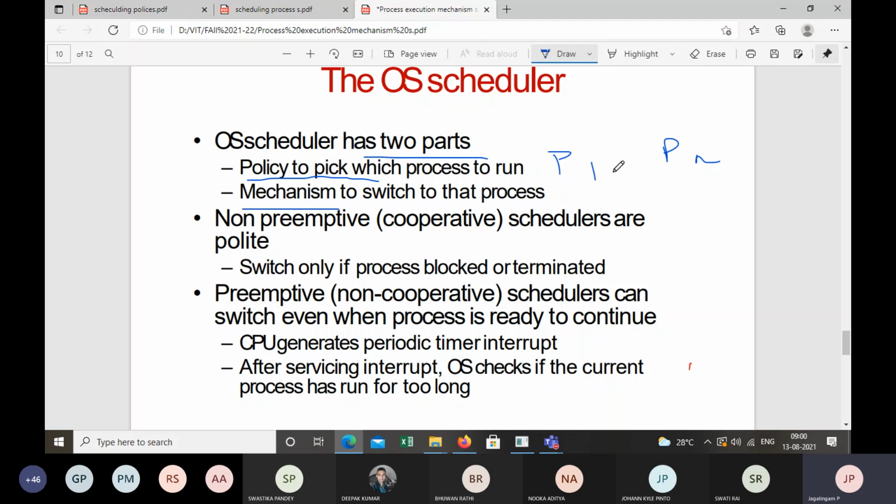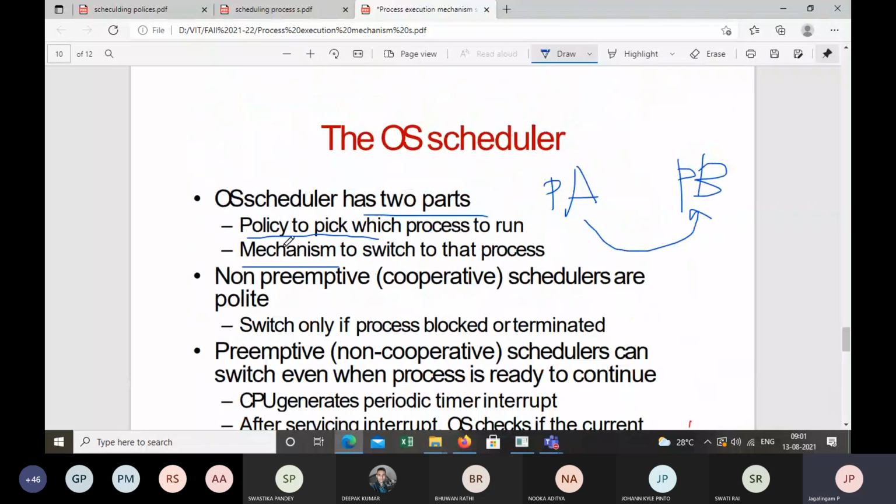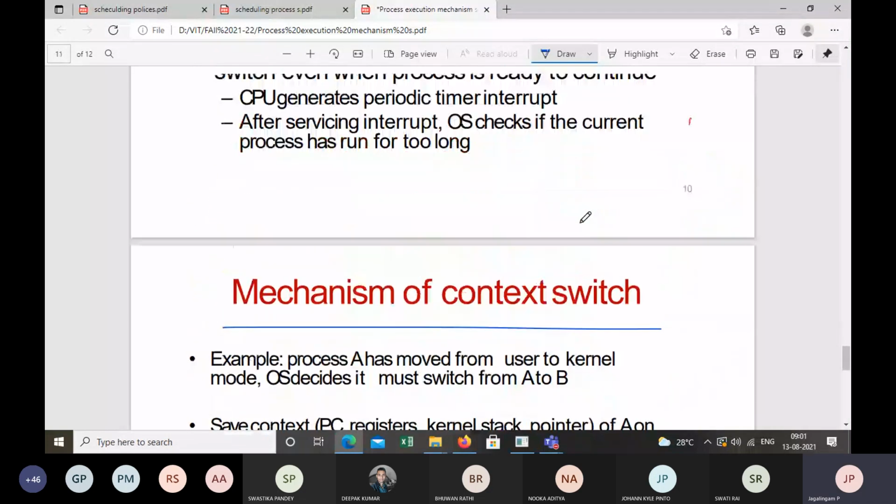But now let us try to understand what the mechanism is. What do you mean by mechanism here? Switch to that process. Let's say that you have process A and process B, and you decided to switch from process A to process B. Now how can we do this? We'll try to understand this mechanism of context switch.